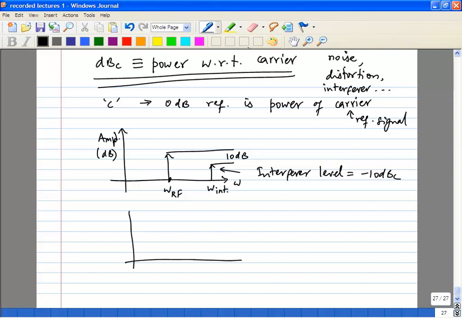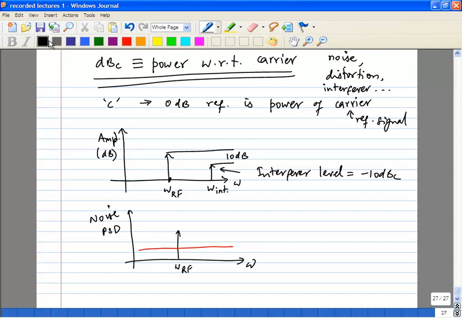Similarly, let's say this is noise per spectral density. We'll look at this in more detail in a later class. So let's say you have your desired signal and you have a noise floor, some random broadband noise.